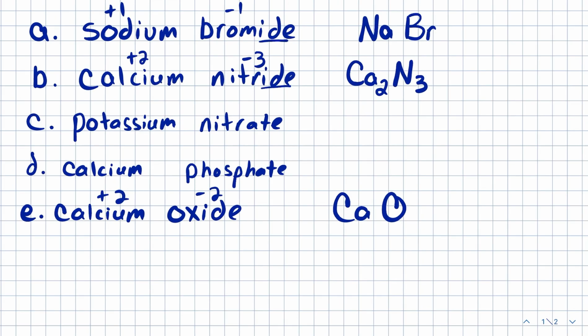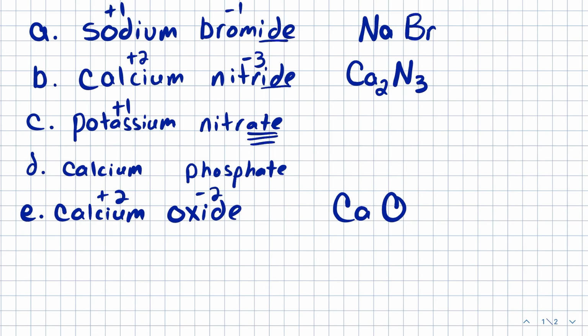Potassium nitrate. So potassium's a +1. And pay attention here. This is not the same as what we just had above. This is nitrate. If it does not end in an IDE, that tells us that it's a polyatomic. Poly means many, atomic meaning atoms. And so nitrate is telling me that I need to look at my common polyatomic ions.